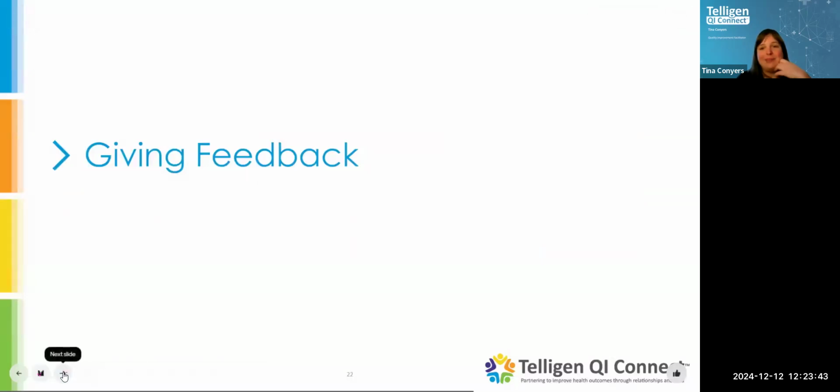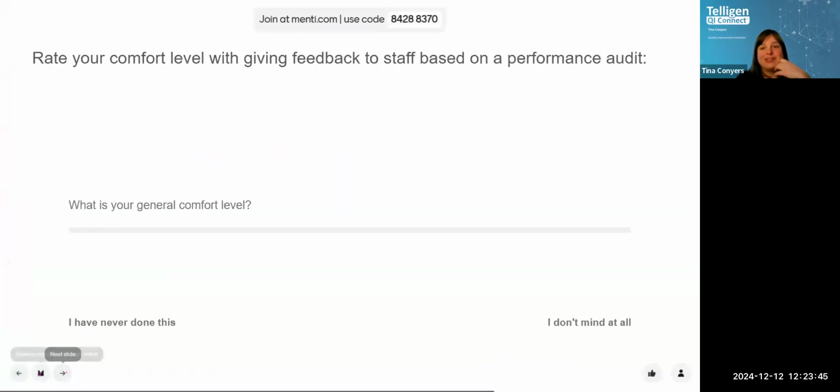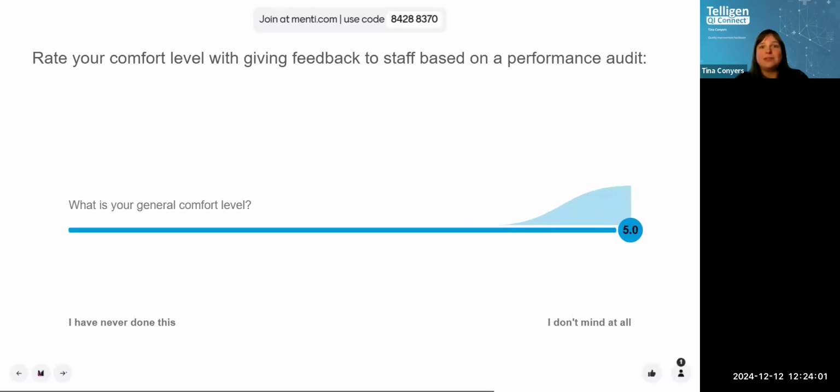All right, and then next up, we'll have another Menti question. I just want to get a bead on everybody here, our audience. How are you feeling about giving feedback to staff based on a performance audit? And this is all staff, so floor staff, but also your medical director, department heads.